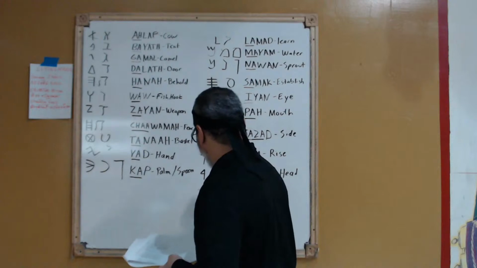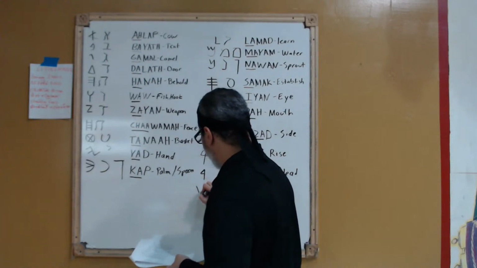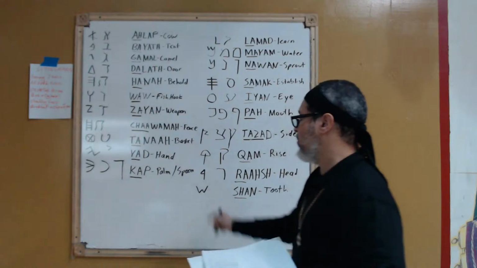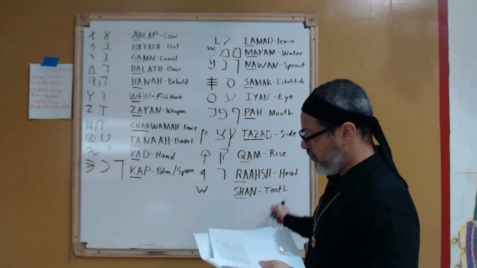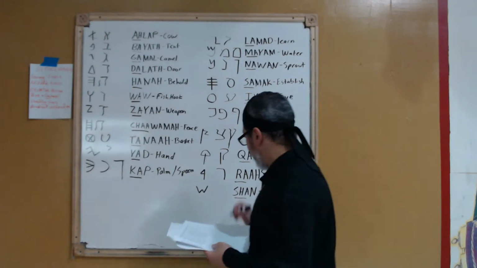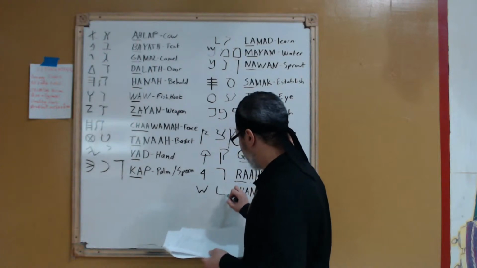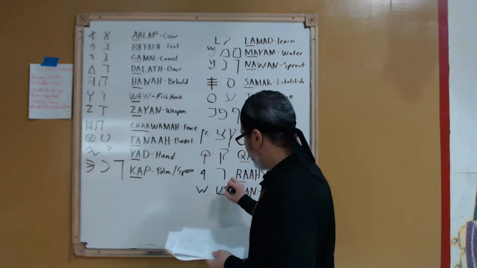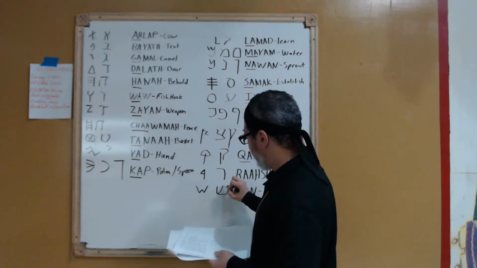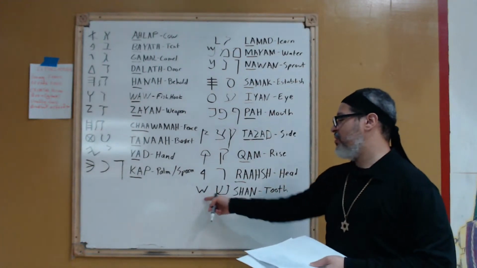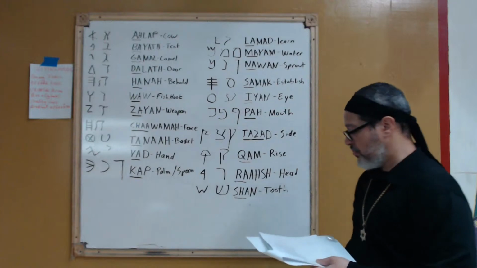So the letter W. It looks like the fangs for your tooth. And the modern version is a bit more curved, and a little squiggly. So it's also similar to a W.